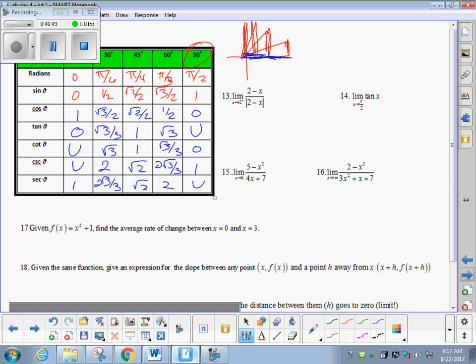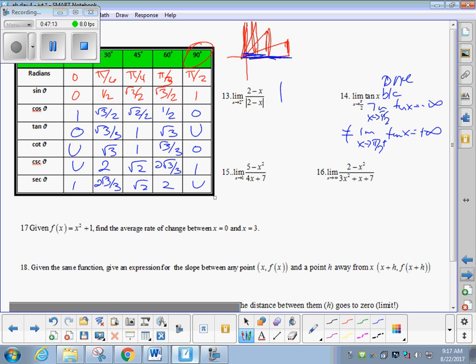Okay, and picking up the pace here a little bit. For this one, I got 1. This was DNE, because the limit from the left is negative infinity, and that's not equal to the limit from the right, which is positive infinity. DNE alone is never enough.